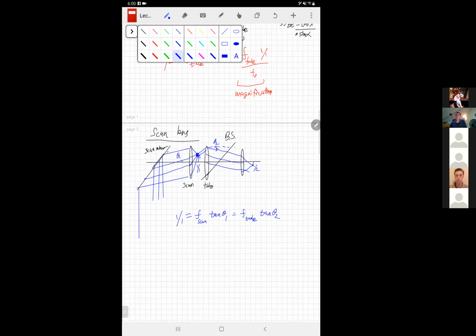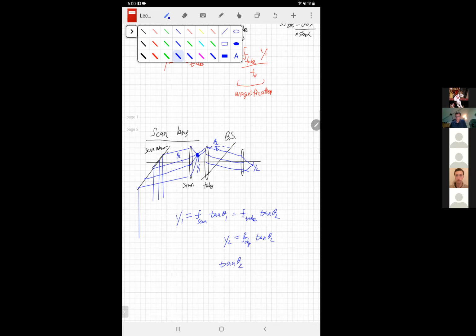Any questions on that idea? And then finally, Y2 is F objective tan theta 2.